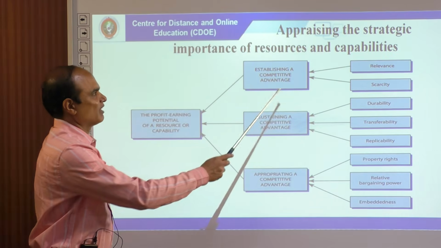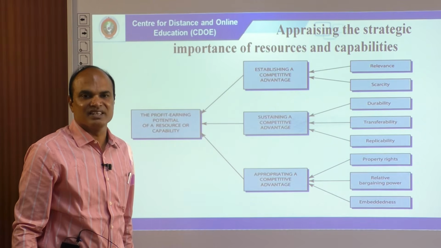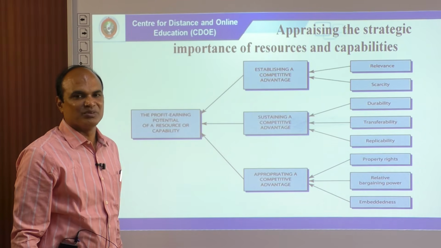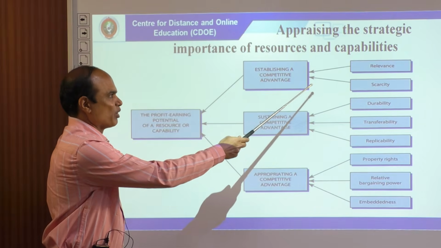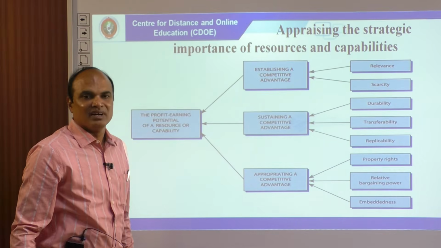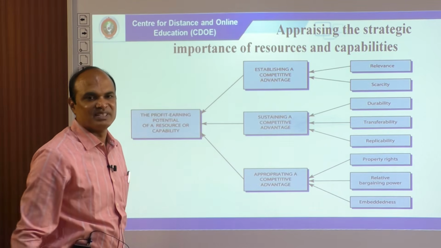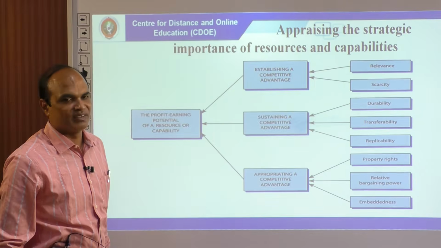Establishing a competitive advantage comes from relevance and scarcity. How relevant the products and services and the strategies given by their competitors are will all define the establishing of the competitive advantage.